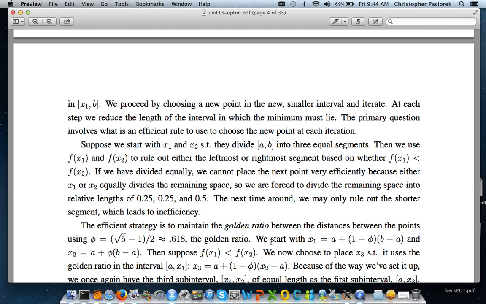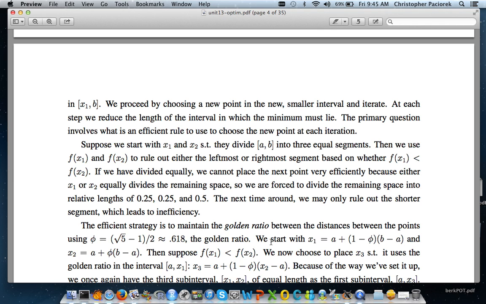And if I want to eliminate the same proportion at every stage of the iterative algorithm, at this point I'm going to eliminate either this or this. So I'm going to be eliminating 2 phi minus 1 out of the total length here, which was 1 minus phi plus 2 phi minus 1, which should just be phi. Okay. So that's the recipe by which I eliminate the same relative amount at every stage of the iterations.